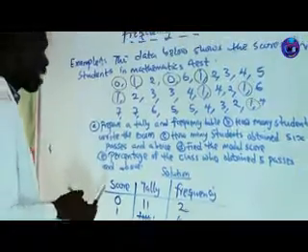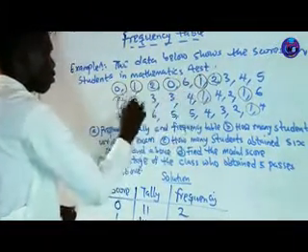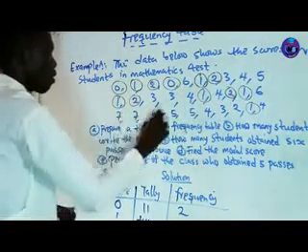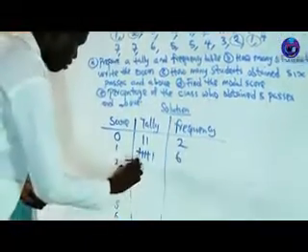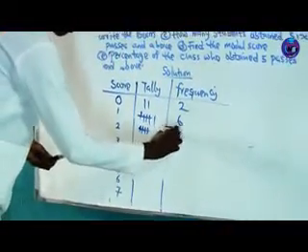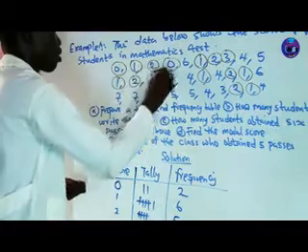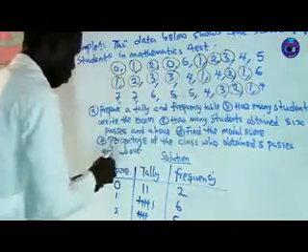How many times for 2? 1, 2, 3, 4, 5. We have 5. Let's look at 3. 1, 2, 3, 4.